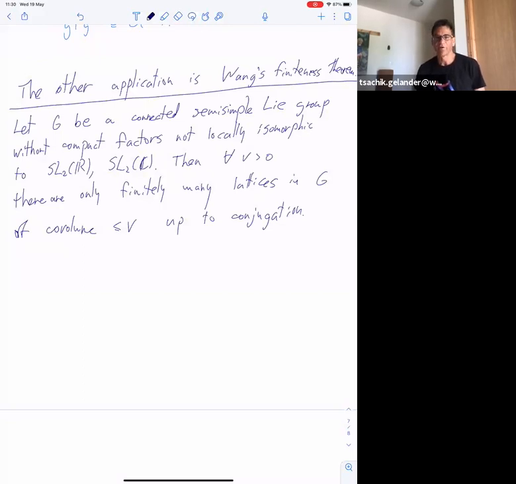The proof doesn't give any quantitative version. One example of this is Margulis' normal subgroup theorem. Margulis tells you, I probably mentioned this theorem, that if you have a lattice in a higher rank simple Lie group, suppose the group is center free, like SL3R, then every non-central normal subgroup is of finite index. And so it's a finiteness theorem.